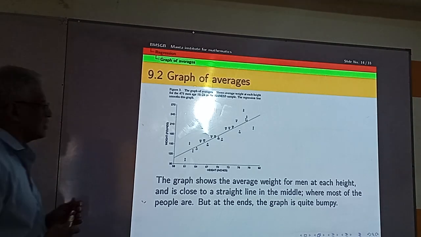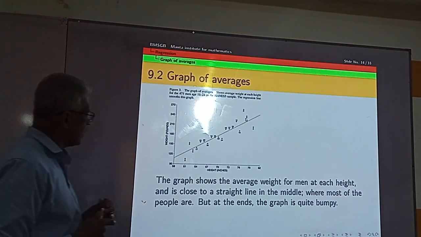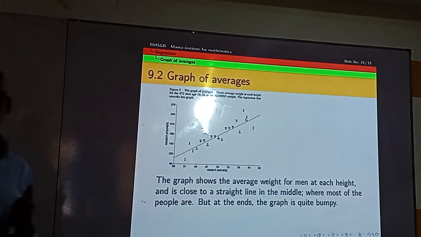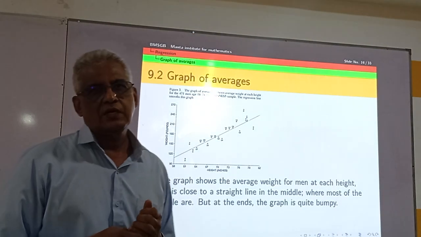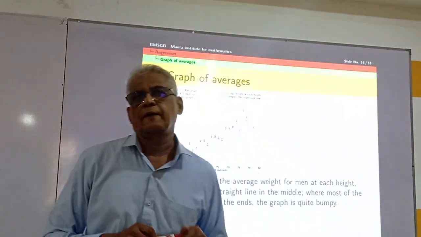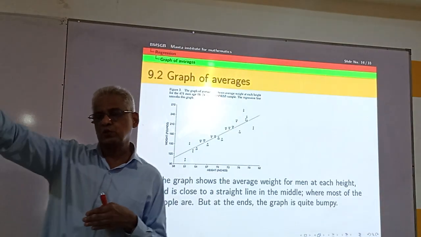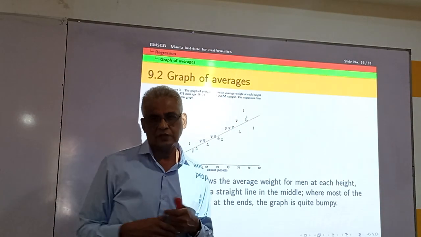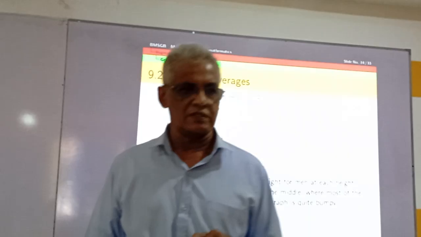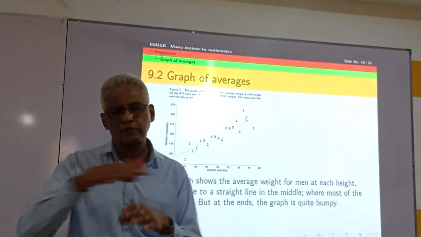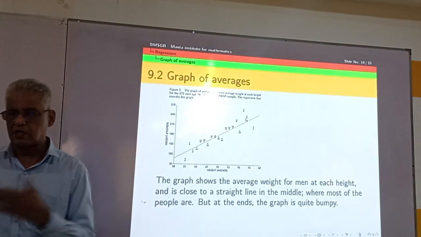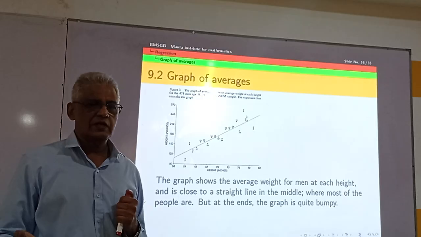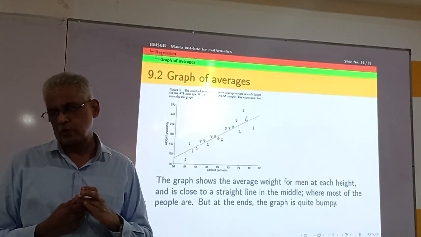So that is the reason actually when you calculate the average, the accuracy of average is going to be increased when you increase the sample size. With the smaller sample size, the deviation from the actual value is going to be a little larger in the average.